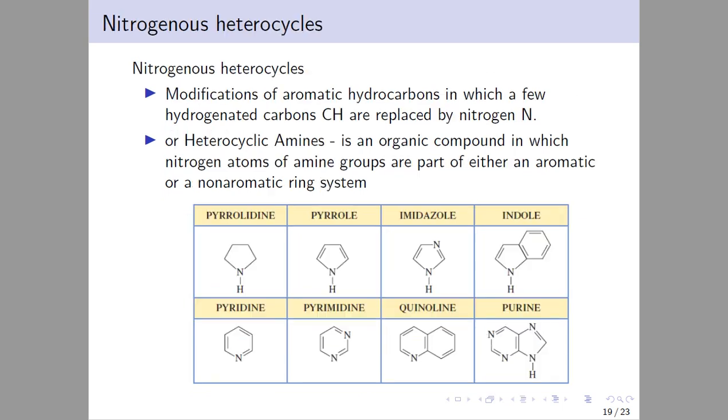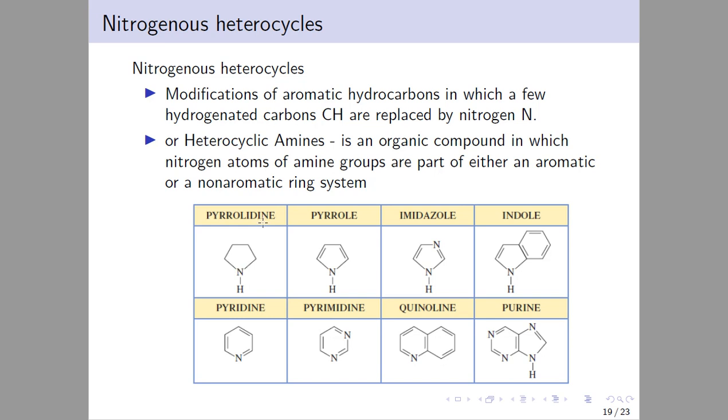So next is the nitrogenous heterocycle. We have the benzene ring, but here we modify this aromatic hydrocarbon, in which a few hydrogenated carbons, CH, are replaced by nitrogen. For example, this one is supposed to be C, C, C, C, C, but we replace one with N, so it becomes pyridine.